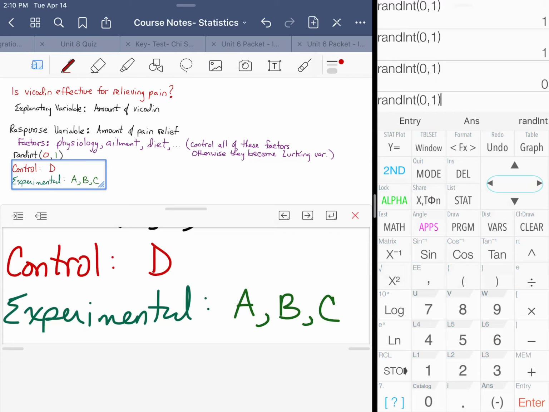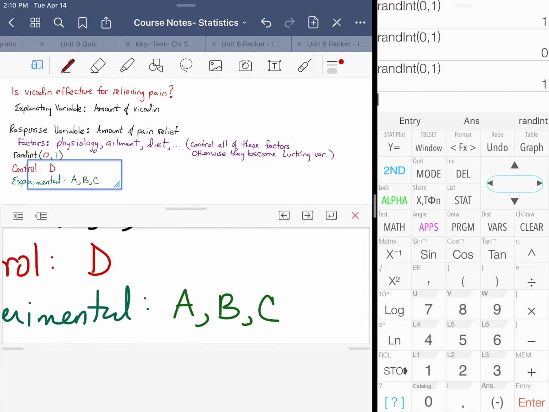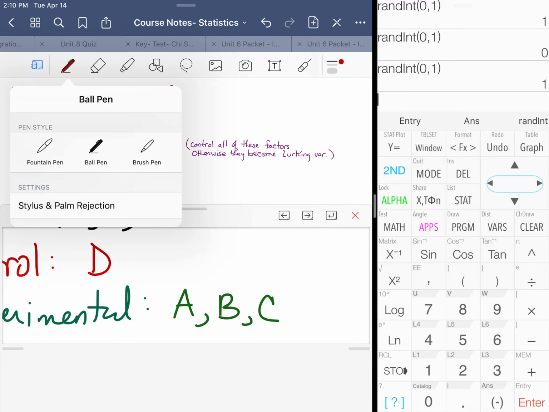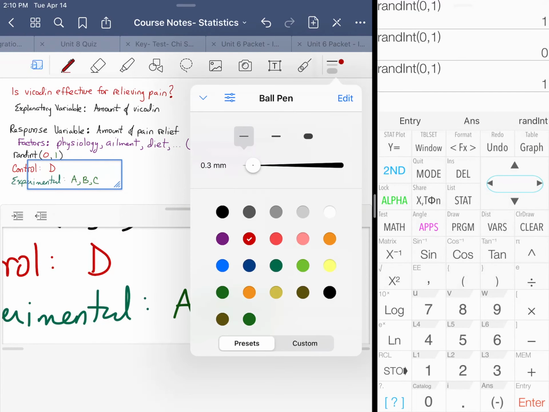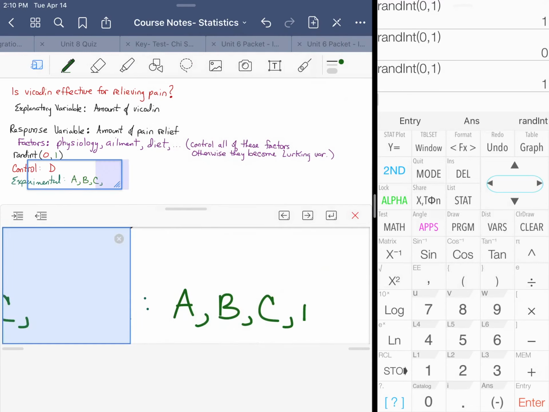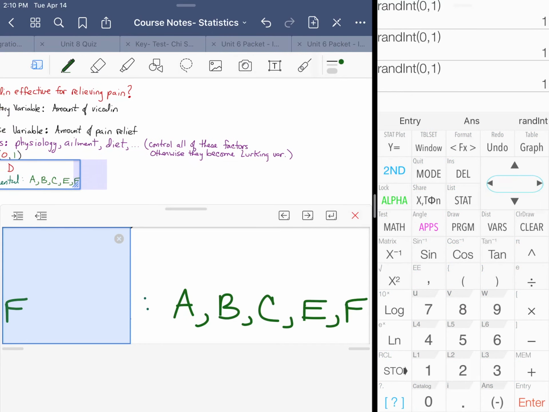I was starting to get worried that there was something wrong with my random integer function. It's random, so it's possible I can get 3 in a row that go in the same category. E is going in the experimental group. So is F. Now this is possible.